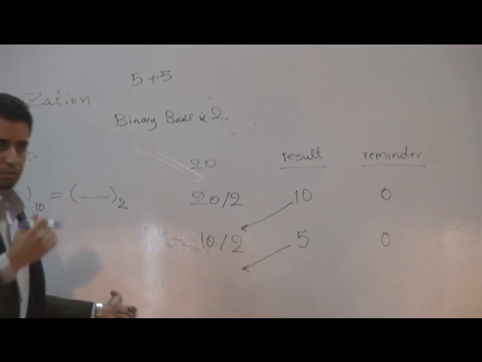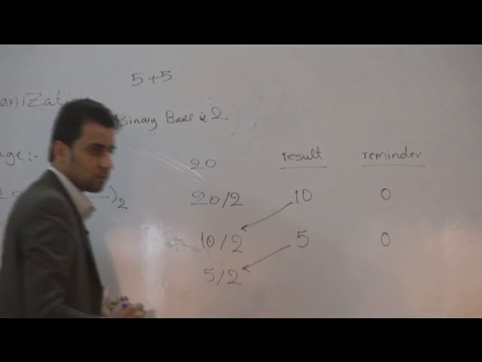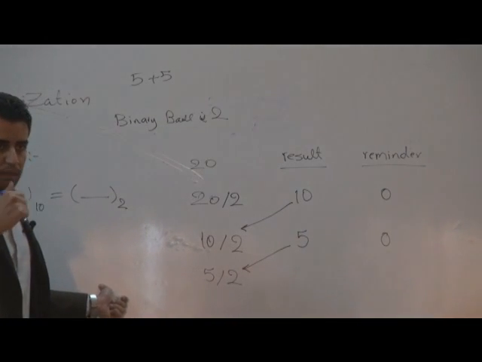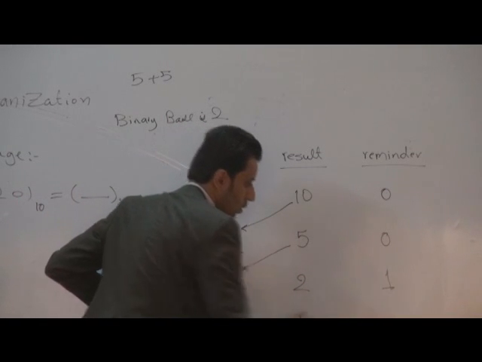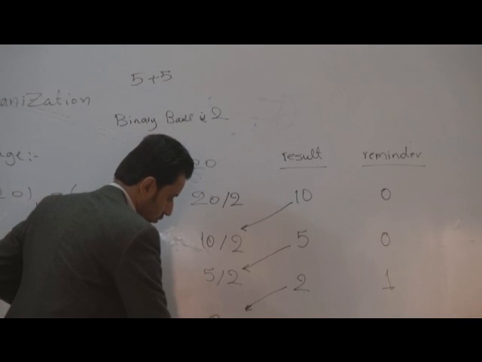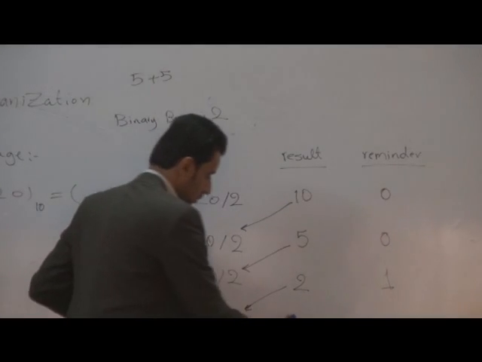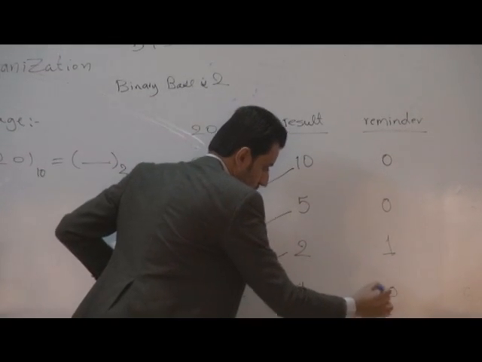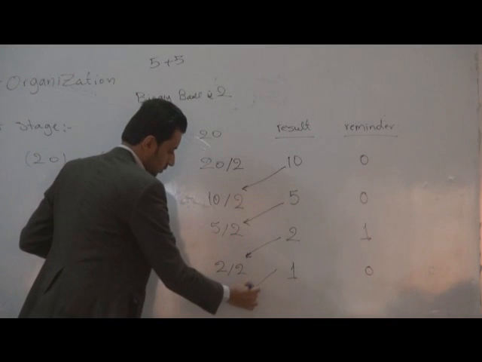Till we reach 0, we'll stop. 5 divided by 2 is 2, with remainder 1. Take 2 to this side: 2 divided by 2 is 1, remainder 0. Then the result is 1.